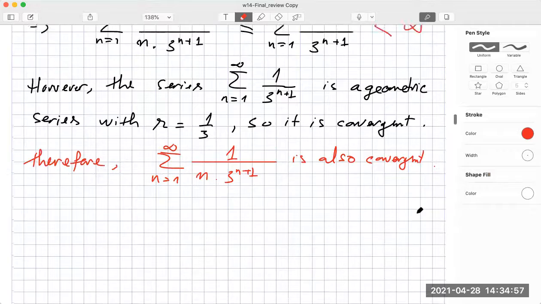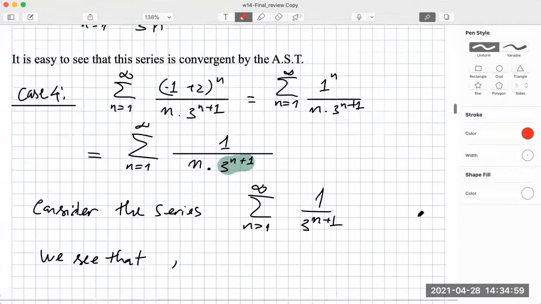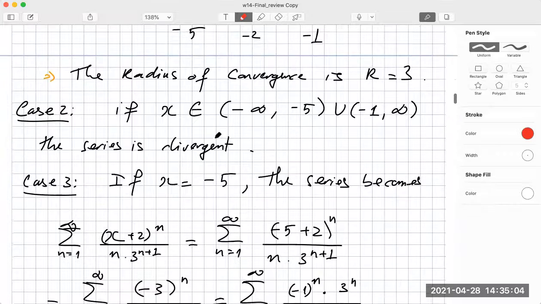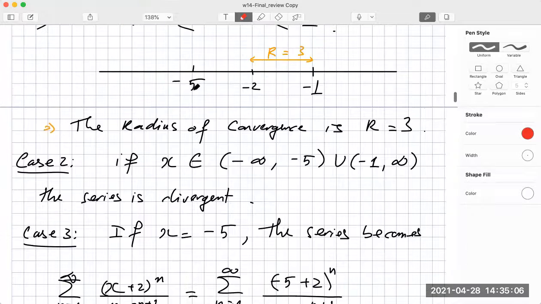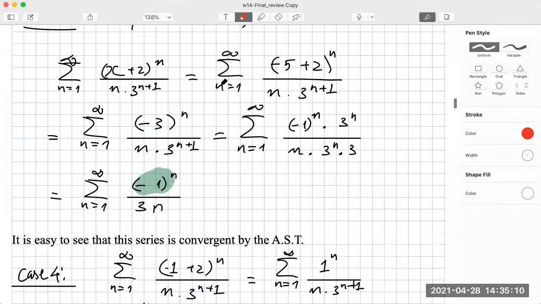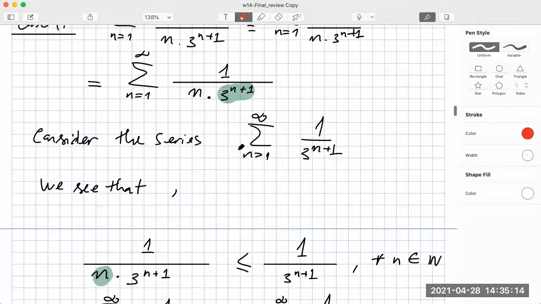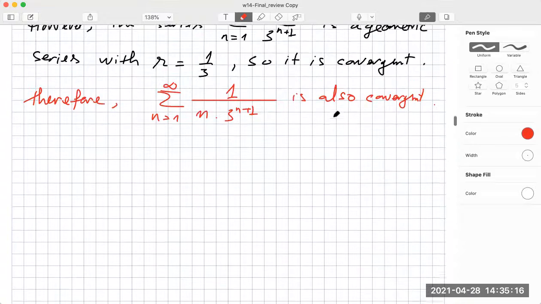Okay, now let us summarize. So it is convergent from negative 5 to negative 1, right? At negative 5, it is convergent. At negative 1, it is also convergent.